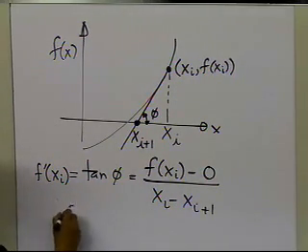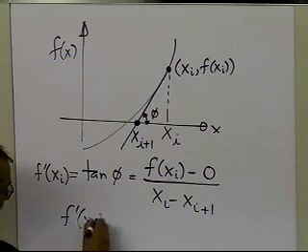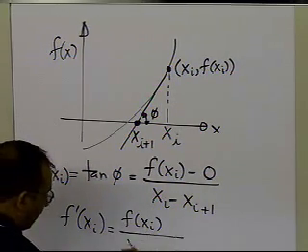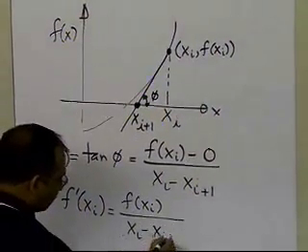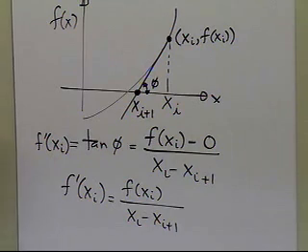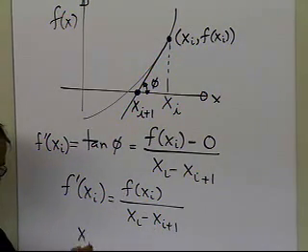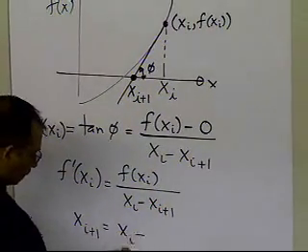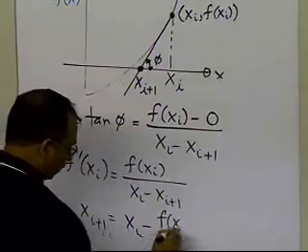So from here we get f prime of x of I is equal to f of x of I divided by x of I minus x of I plus 1. In this equation, the only thing which is not known to us is x of I plus 1. So I'm going to write down x of I plus 1 in terms of the other known quantities, and I'm going to get this.